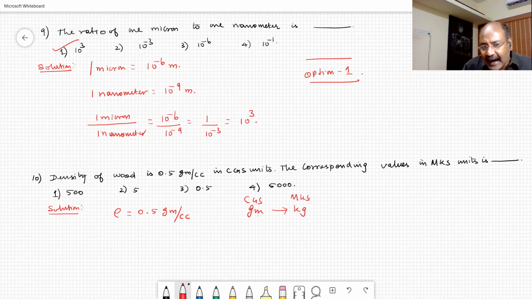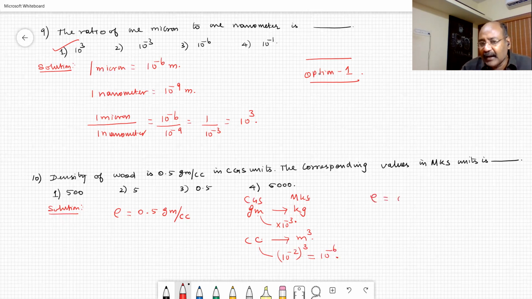If you want to convert gram to kilogram, you multiply the gram value with 10 power minus 3. Similarly, to convert cubic centimeter to meter cube, centimeter to meter is 10 power minus 2, and it is cubic, so you multiply with 10 power minus 2 to the power 3, that is, 10 to the power of minus 6.